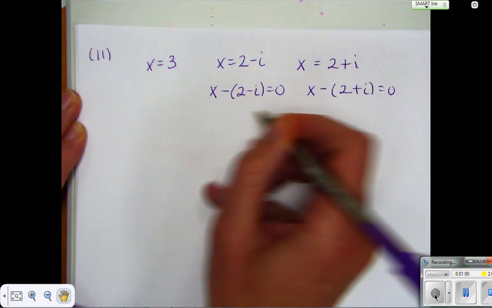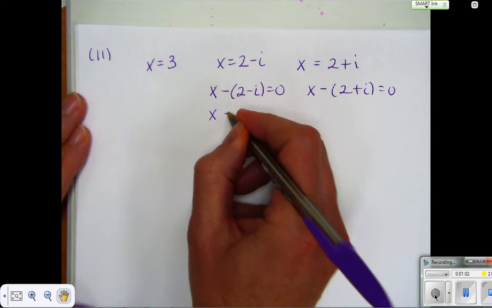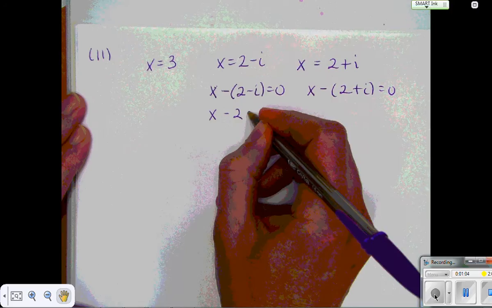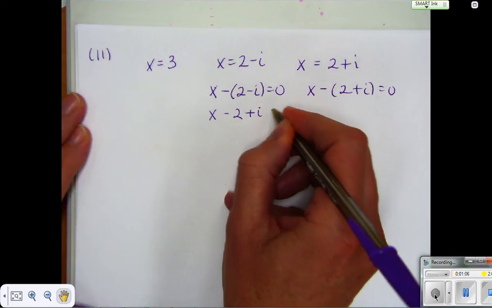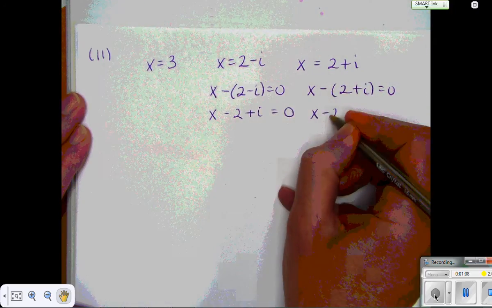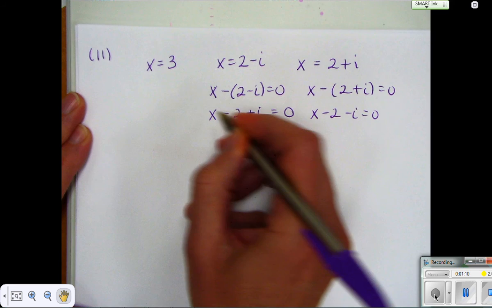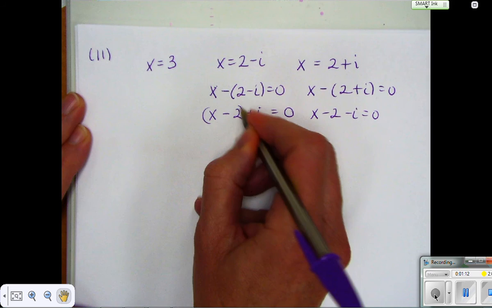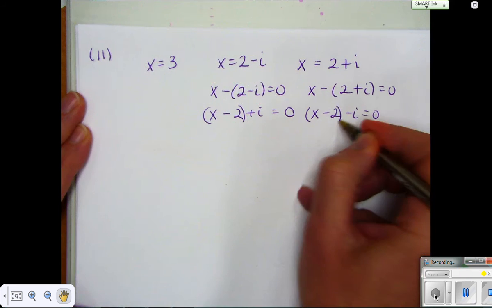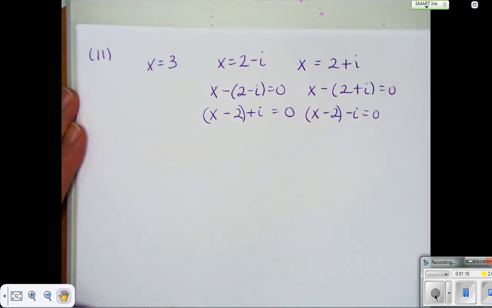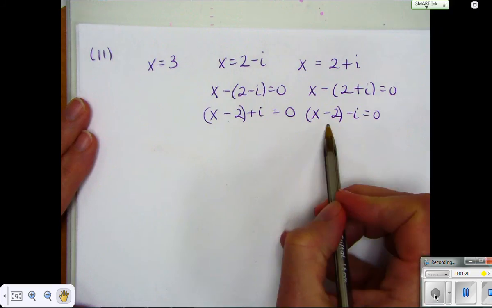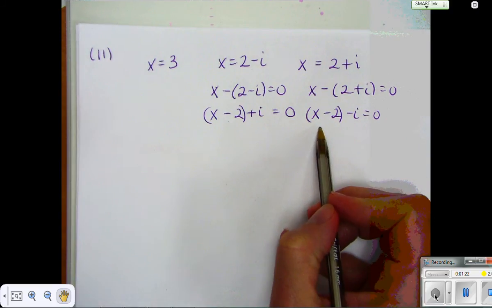So I'm going to distribute that negative throughout both of those complex roots and regroup, so I have x minus 2 together. You always want to regroup so that the i is outside the parentheses, and you have a plus i and a minus i. So my binomials are the same, so I can consider them one term.